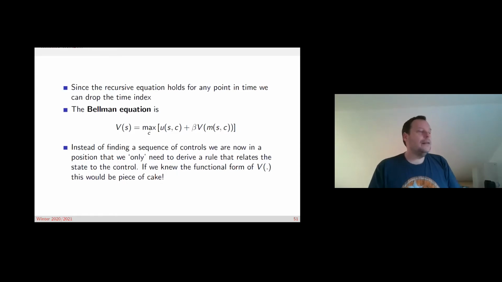And to find it, the only thing we need to do, in air quotes, is start out with any function and apply this operator over and over again until the resulting value function and the initial value function are the same.